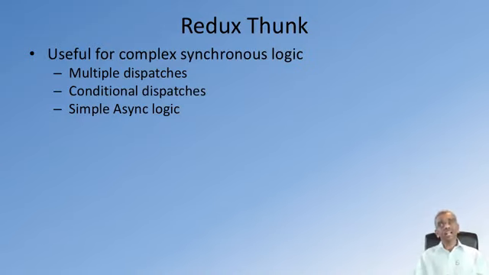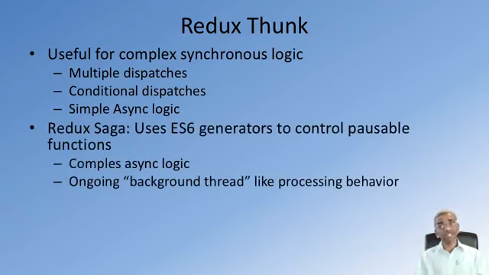Also, Redux Thunk supports simple asynchronous logic, and so that is where doing simple async calls to a server can easily be supported using Redux Thunk. If you want a more powerful way of doing things, then we have access to another library called Redux Saga. Now, I'm not going to go into Redux Sagas in this course. That is a little too advanced for us in this course.